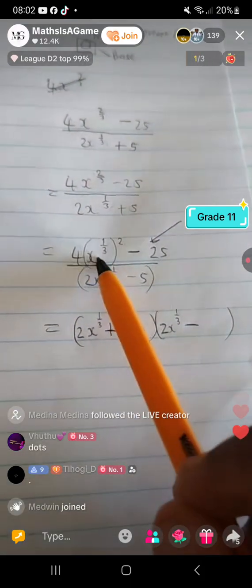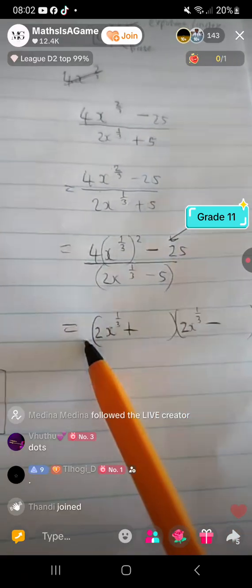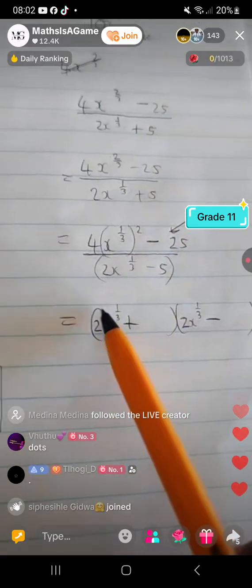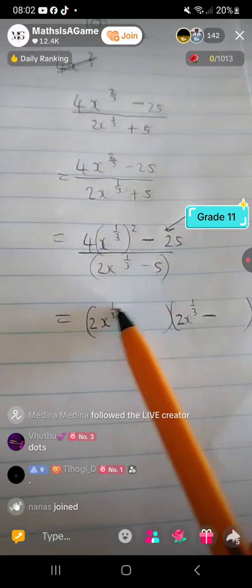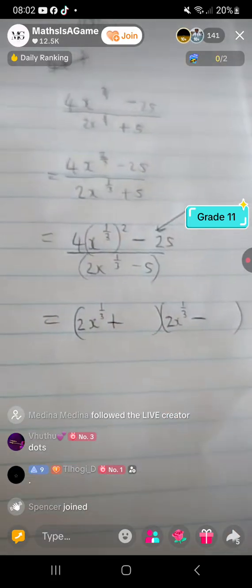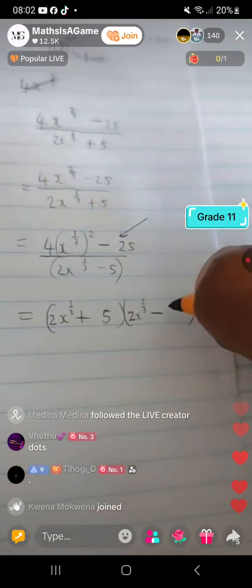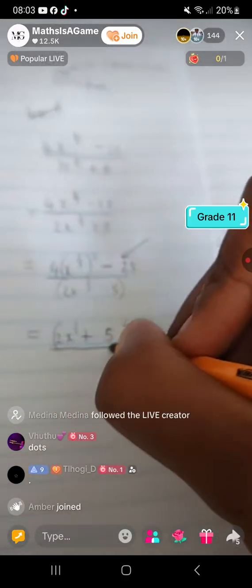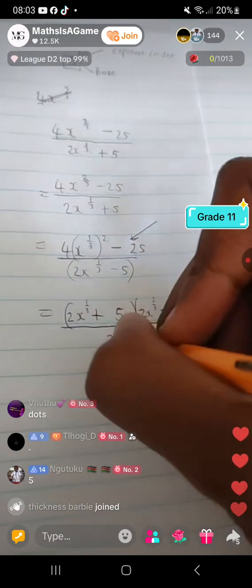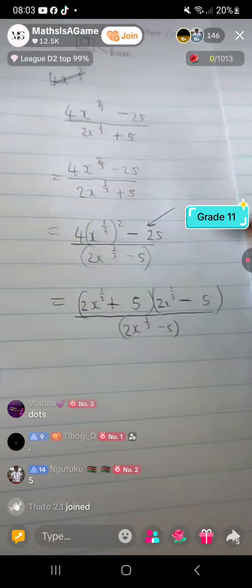There are 2 of your x to the power 1 over 3. In the multiplication of x's, you keep the base, you add the exponent. So 1 over 3 plus 1 over 3 gives you back the 2 over 3. Then what's the square root of 25? That's all over 2x to the power 1 over 3 minus 5.